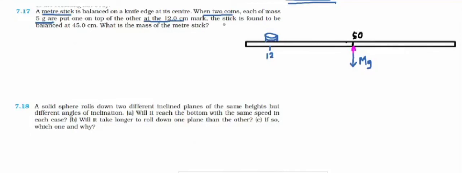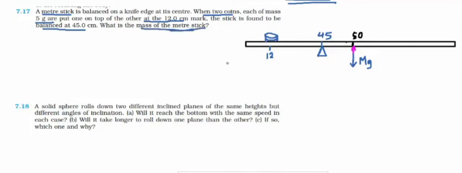Then the stick is found to be balanced at 45 centimeters. Naturally, in the left end now the weight is more, so you cannot balance the stick at the 50 centimeter mark. You can balance it at the 45 centimeter mark. That means if you give a support here now, you can balance it. What is the mass of the meter stick? You have to calculate it.